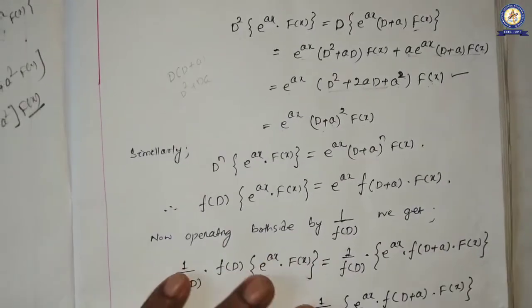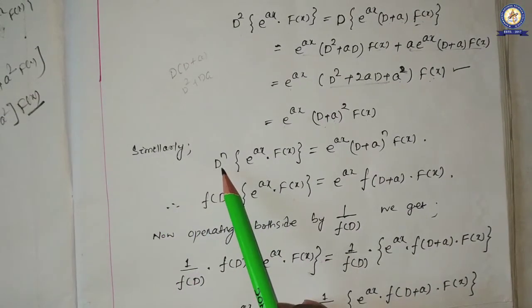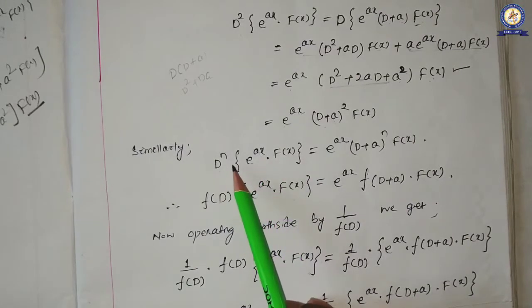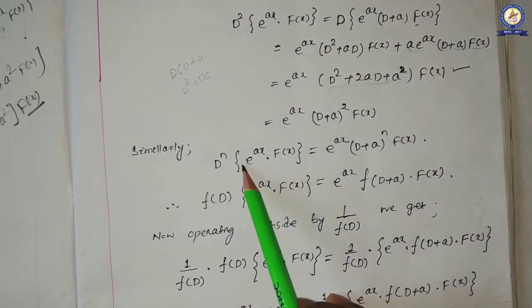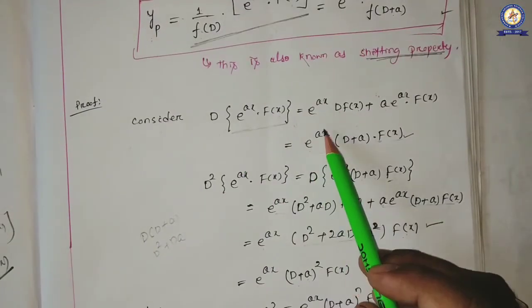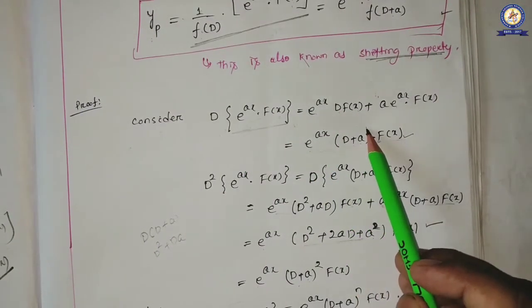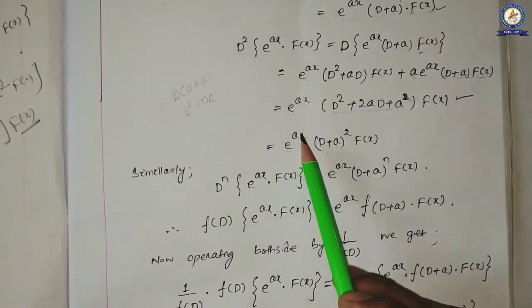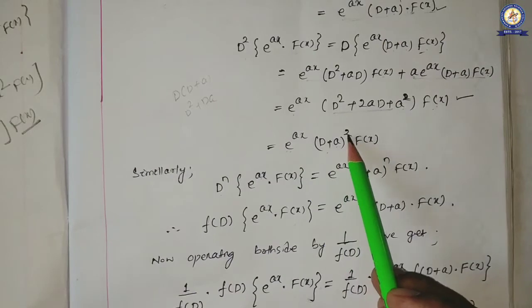Now similarly, D^n of e^(ax) f(x), that means the nth derivative of this, how much can we get? See, the first derivative is e^(ax) (D plus a)^1 f(x). The second derivative of this one is e^(ax) (D plus a)^2 f(x).